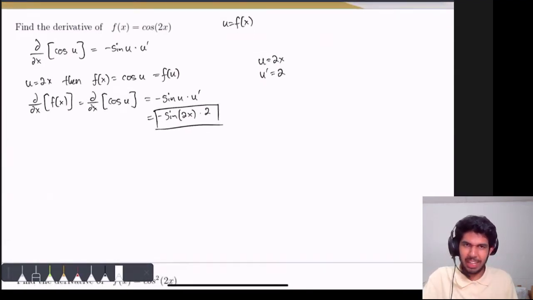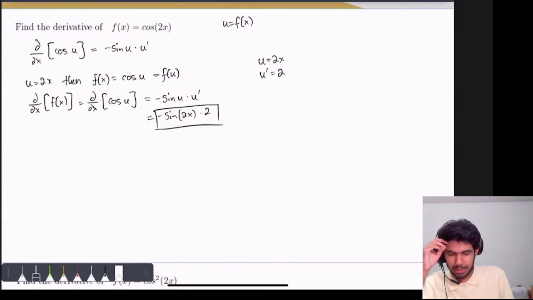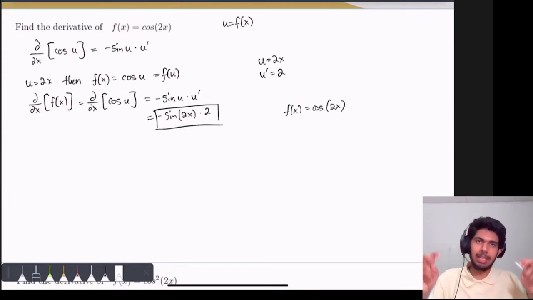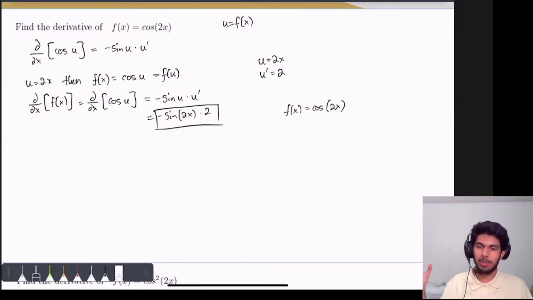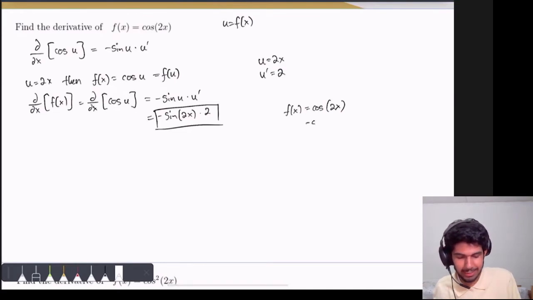So we don't always have to show this u thing where we create this variable u and set it to something. We can still do the chain rule normally with our faster method, so I'll briefly show that. We have f of x equals cosine of 2x. So the outside is the cosine part, right? The cosine is being applied on this 2x, so this 2x is the inside part. So we do the derivative of the outside, which is negative sine.